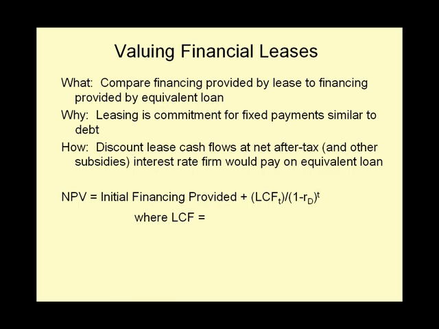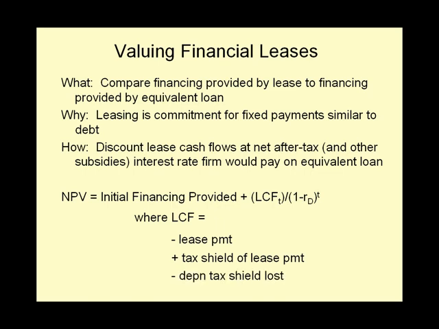Some common cash flow components are the lease payment, which is a cash outflow associated with the lease. The lease tax shield, or the reduction in income taxes due to the fact that the lease expense is tax deductible. The lease tax shield is a cash inflow.